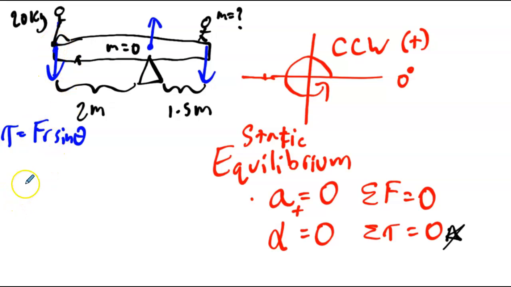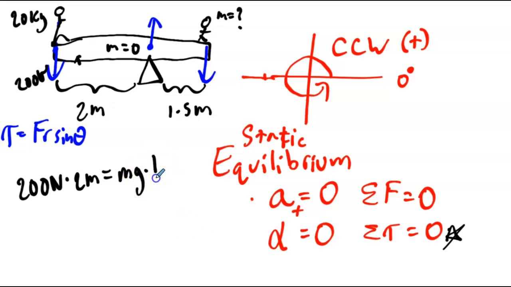So if I want to say my sum of my torques has to be 0, that means this force is going to be 200 newtons, right? So 200 newtons times 2 meters is equal to whatever mg is times 1.5 meters, right?